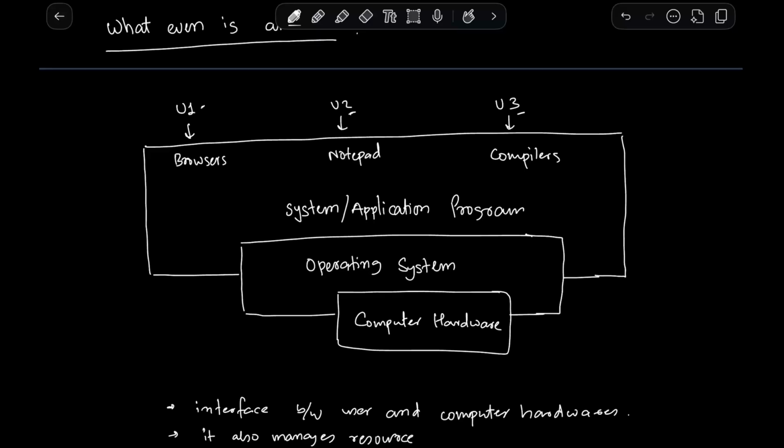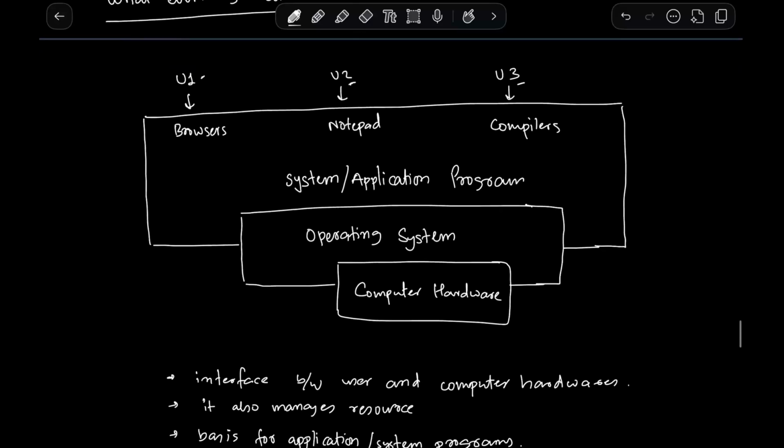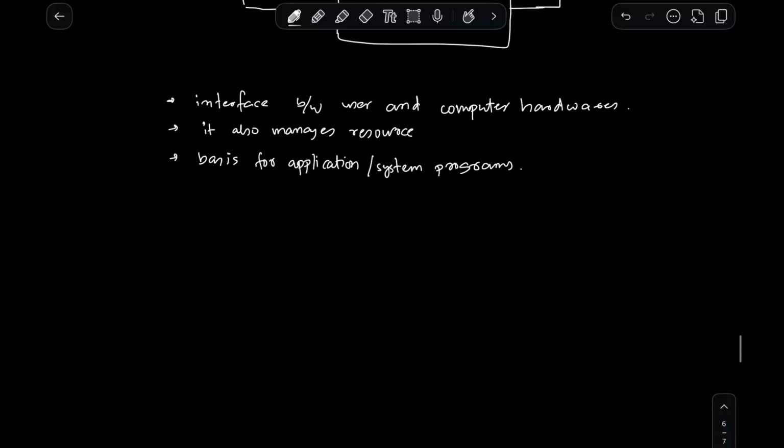Then we have our end users, which we have depicted here with u1, u2, u3. You'll find this diagram in all the places, the standard diagram which everyone follows. But now let's come to application programs and system programs. What are they?